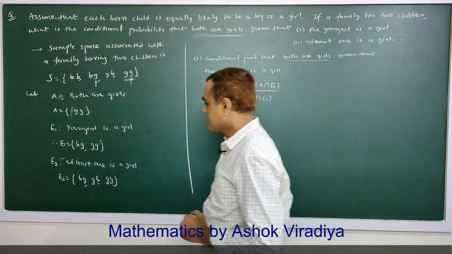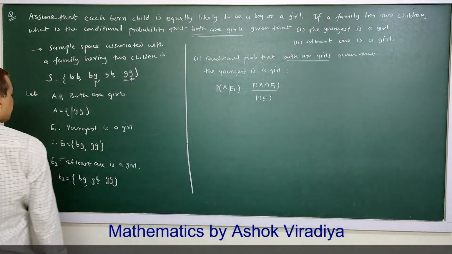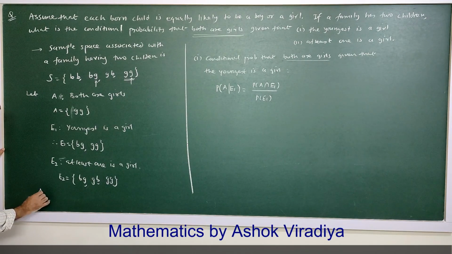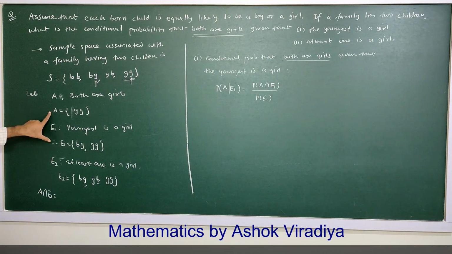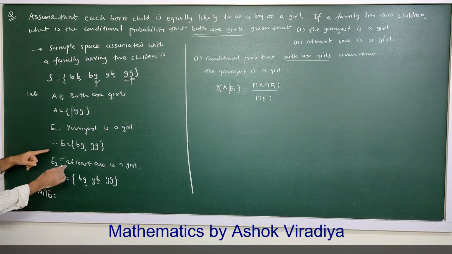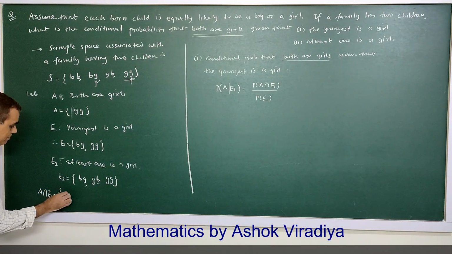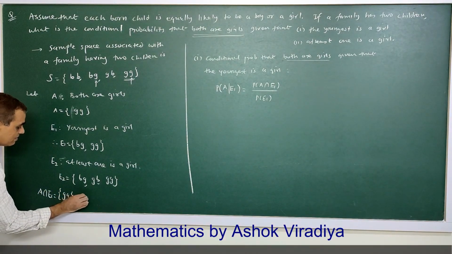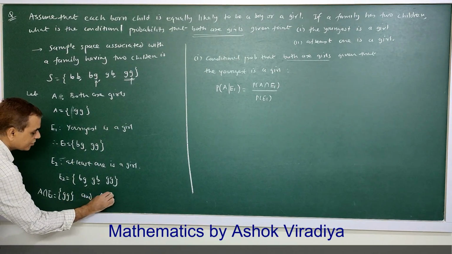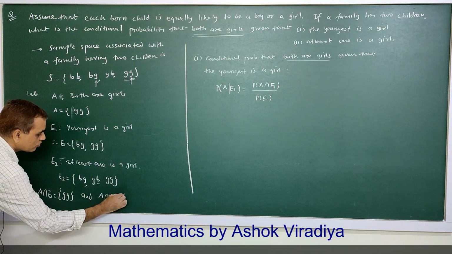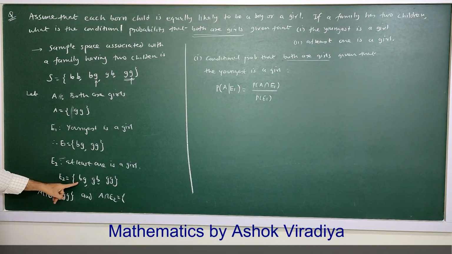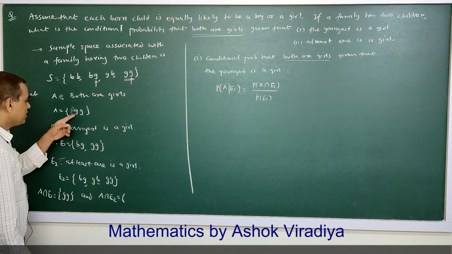Now here A intersection E1 is GG. We will also require A intersection E2, which is again GG.